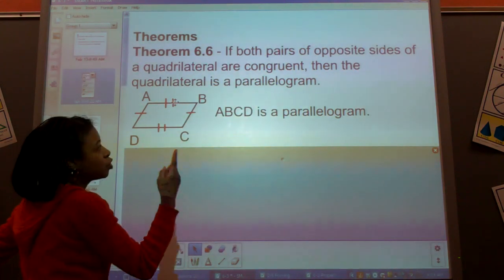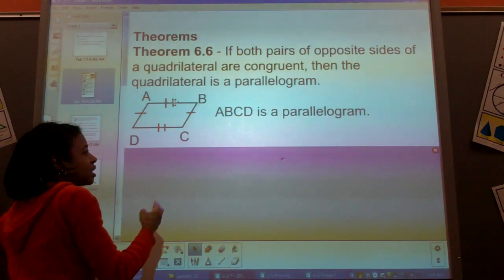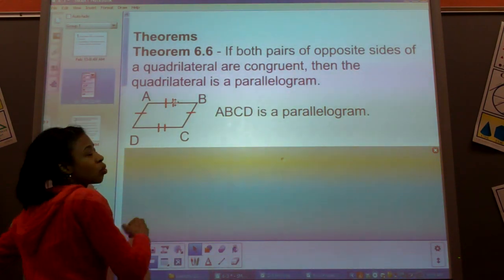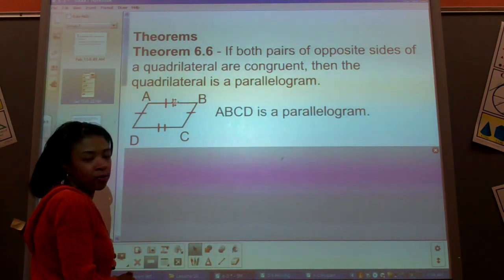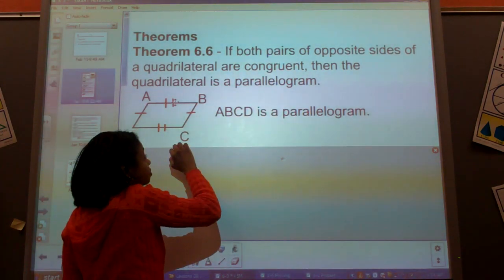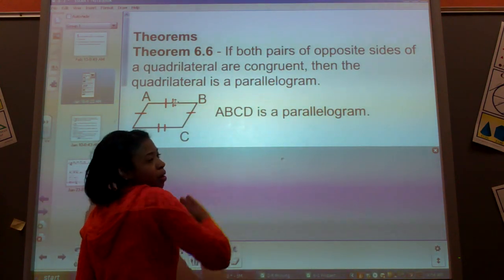That's the first pair. I have to have one pair of congruent sides and a second pair. Where's the second pair? AD is congruent to BC. Because I have two pairs of congruent sides, the quadrilateral ABCD is a parallelogram.